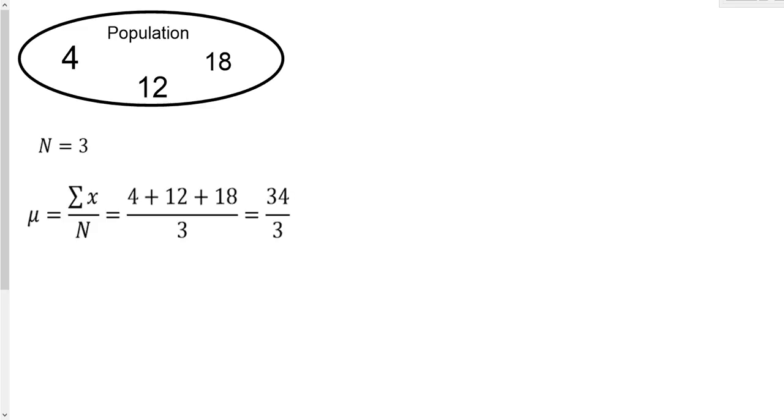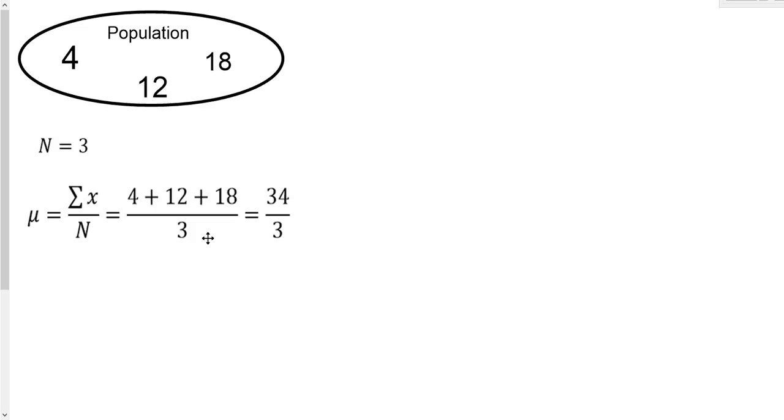What I'm going to do is calculate the population mean, to calculate on average how long my employees have been employed by me. All right, so to calculate the population average, I'm going to add up all the elements of my population, 4 plus 12 plus 18 to get 34, and divide that by 3 because I have 3 employees.